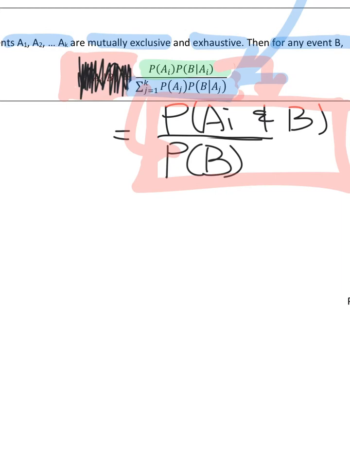Then I can rewrite it as what given what. In the denominator, there is the event B. So what given what?